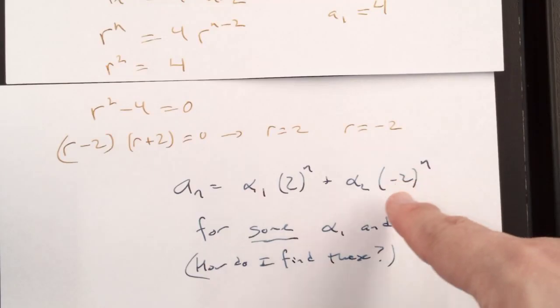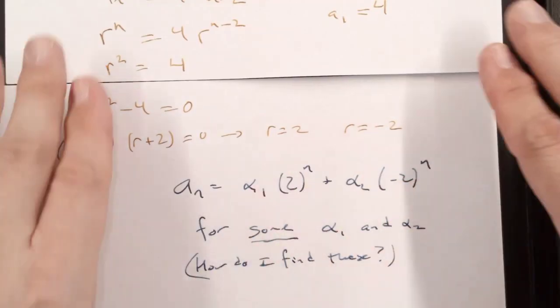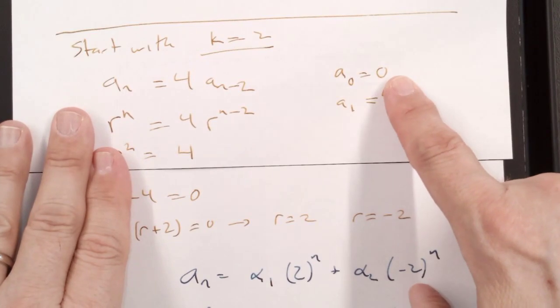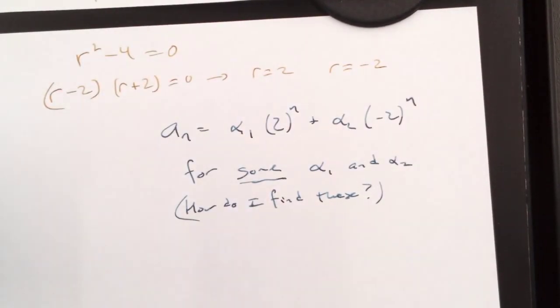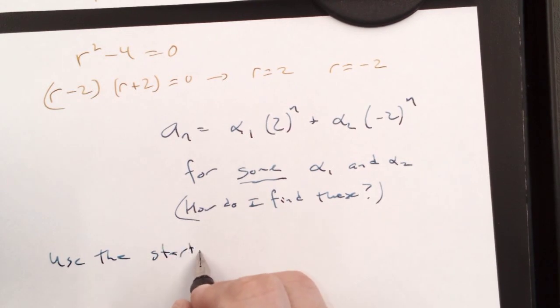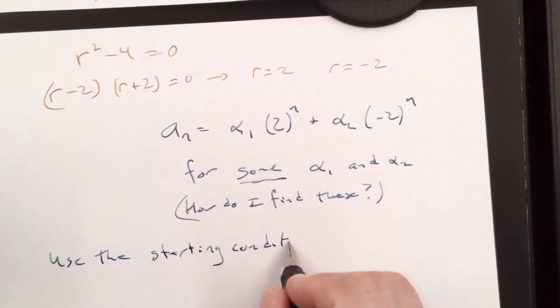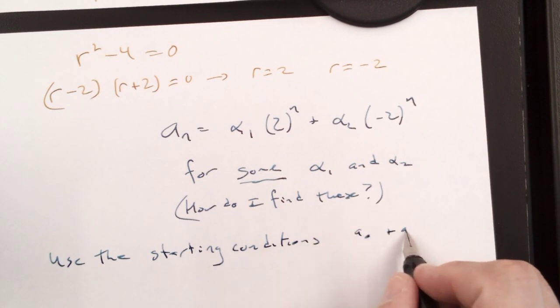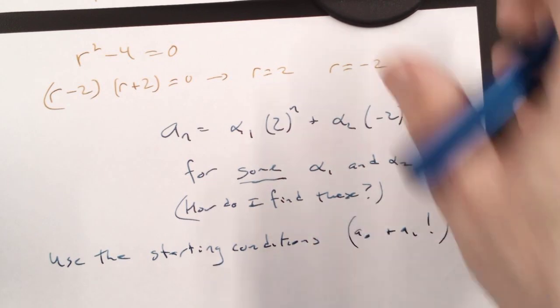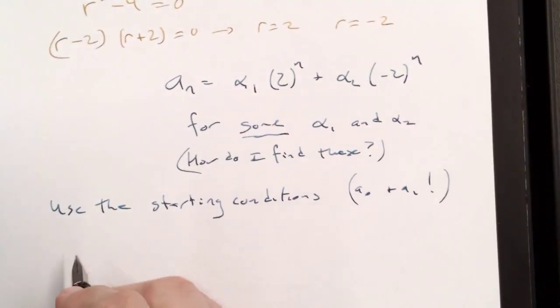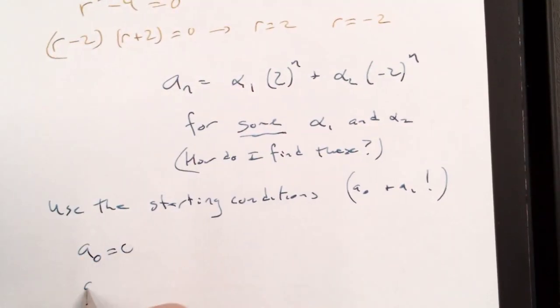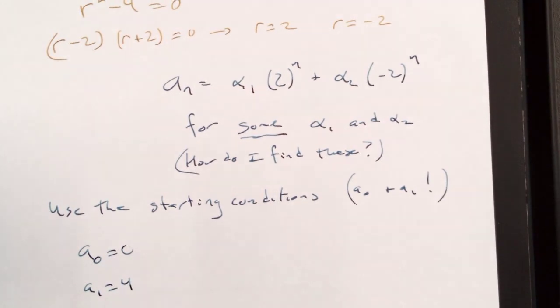If this is the right format for an, then it should work when n is 0. It should work when n is 1. All right, we had A0 was 0, and we had A1 was 4. Well, that means that n is 0 here.